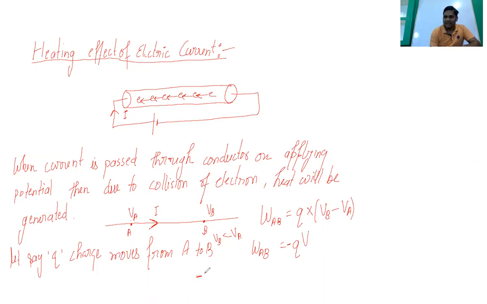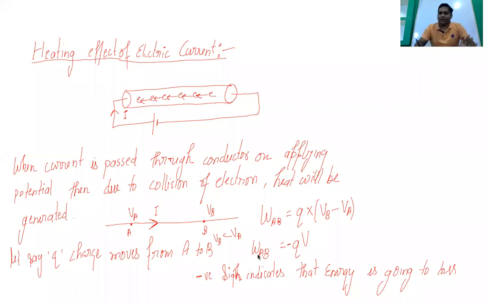So the negative sign indicates that energy is going to be lost. So how much energy is lost? This much energy is lost, and this lost energy is converted into heat.